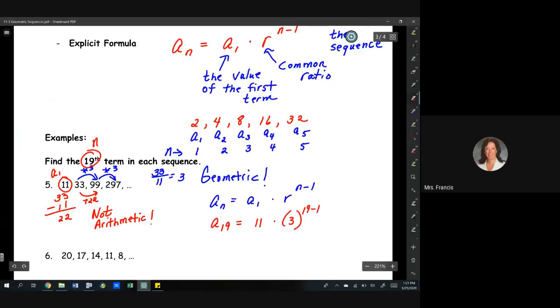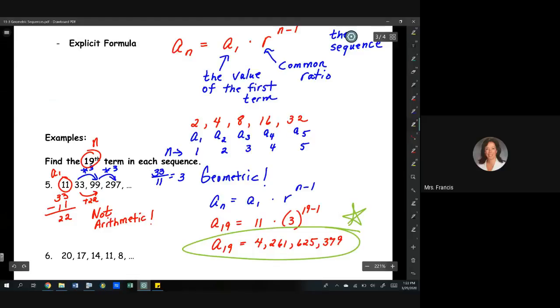And when we simplify that, we get the value of the 19th term is equal to 4,261,625,379. Kind of a big number there.